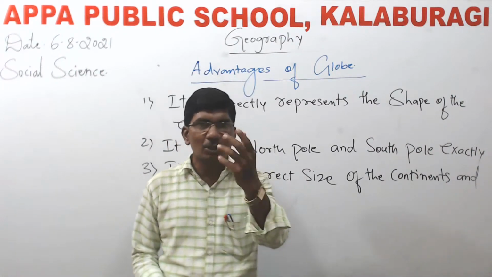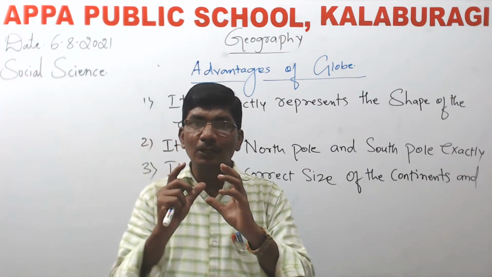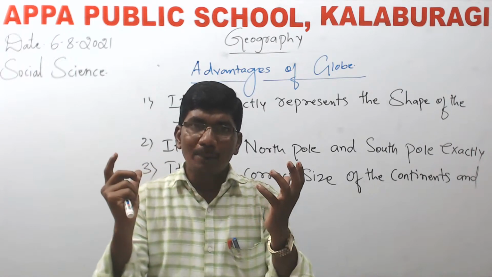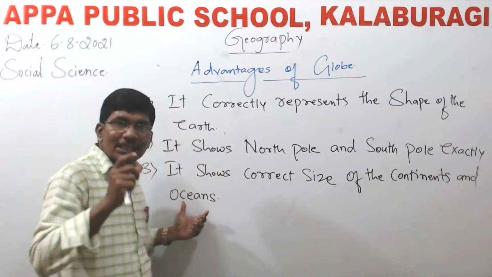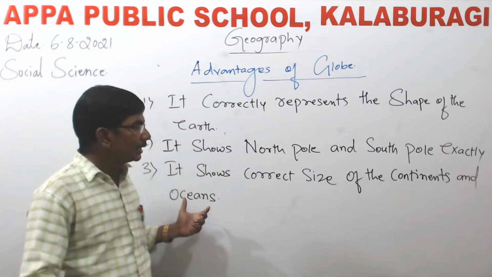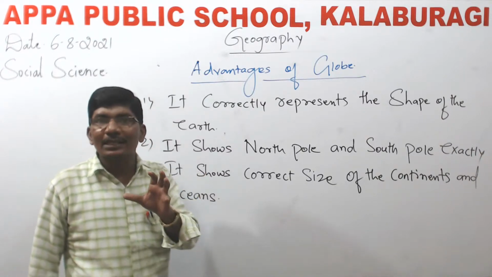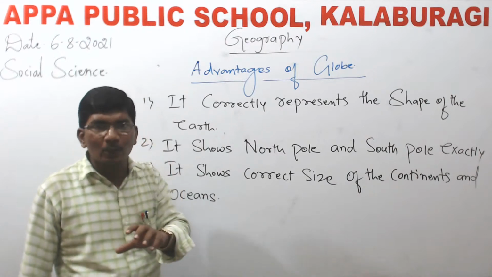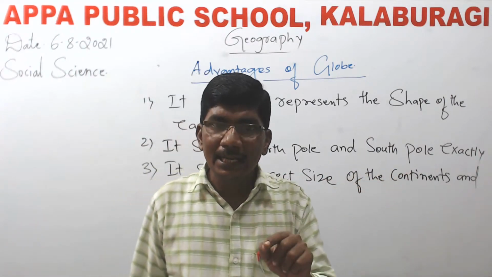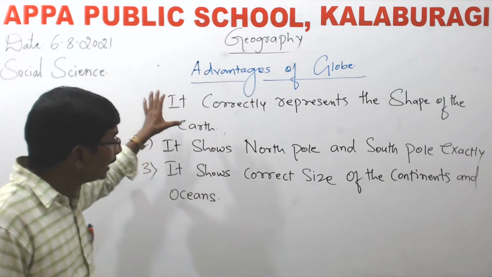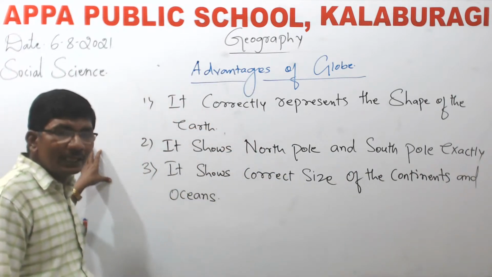If you want to know the size of any continent or any ocean, then you should study the globe. The globe will help you know the size of any continent or ocean. So these are the advantages of the globe.